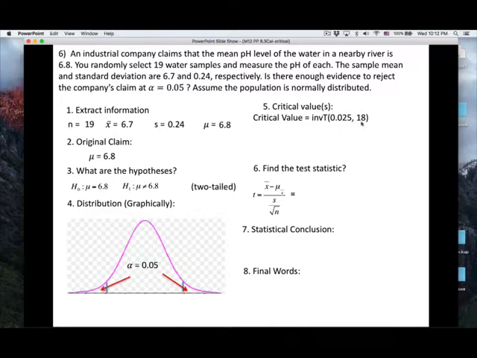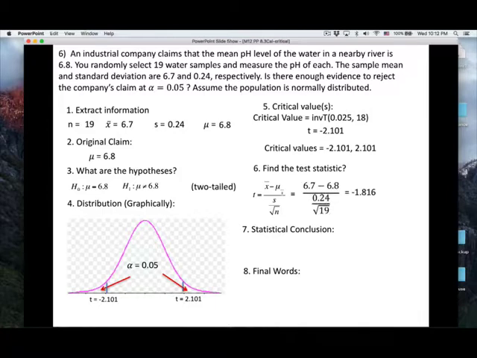And then the degree of freedom, n minus 1, which is going to be 18. You should get negative 2.101. Okay, and again, we have two tails, so we have two critical values. That will be plus minus in here.